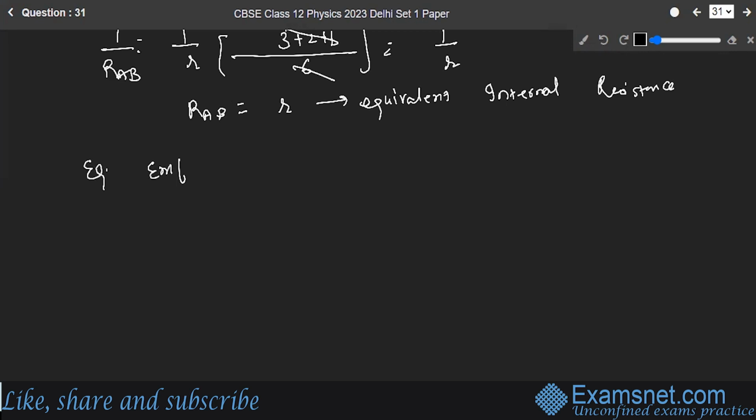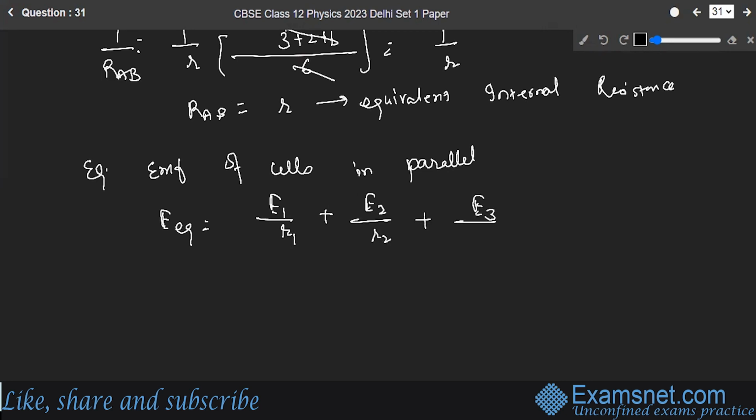So the equivalent EMF of cells in parallel is given by E equivalent is equal to E1 upon r1 plus E2 upon r2 plus E3 upon r3, divided by 1 upon r1 plus 1 upon r2 plus 1 upon r3.